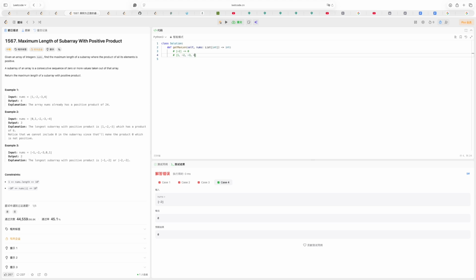So when we start at 4, we will try the previous. We don't care about the value, we only care about the sign of the value, whether it is negative or positive.